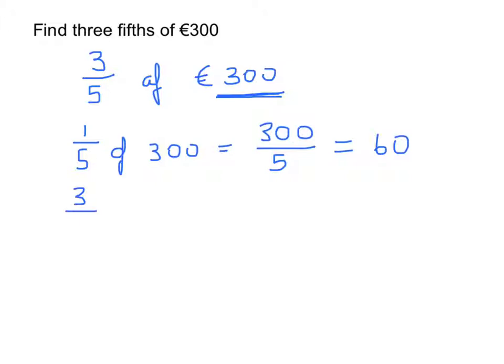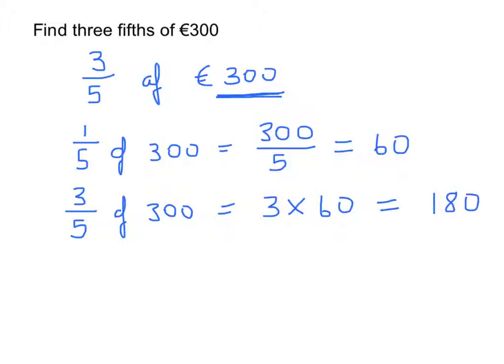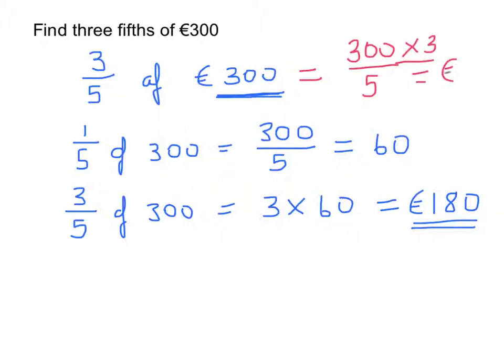So 3/5 is 3 times it. So 3/5 of 300 is 3 times 60, which is equal to 180 euro. You can write down all that calculation together: 3/5 of 300 is 300 divided by 5 and multiplied by 3, which is 180 euro.